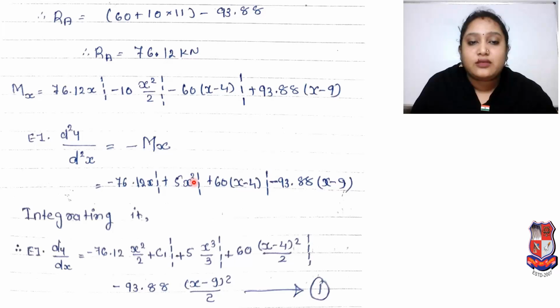Then 5x square is there, we add 1 to the power, total 3, and divide by 3, so 5x cube by 3. Here 60 in bracket x minus 4 whole raised to 2 divided by 2, minus 93.88 in bracket x minus 9 whole square divided by 2. This is our equation number 1.